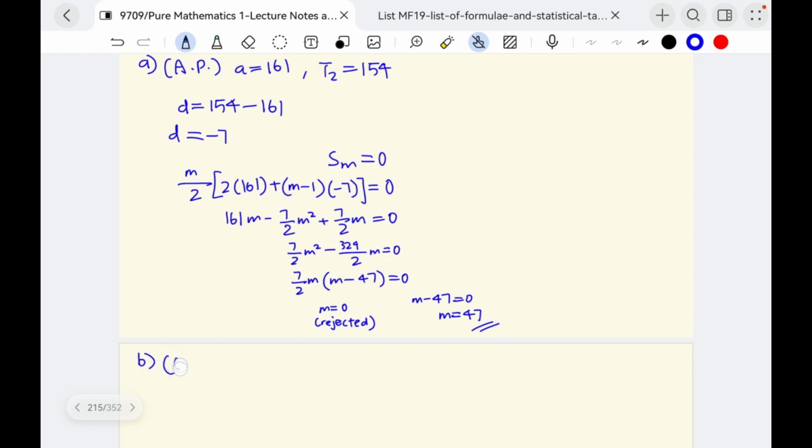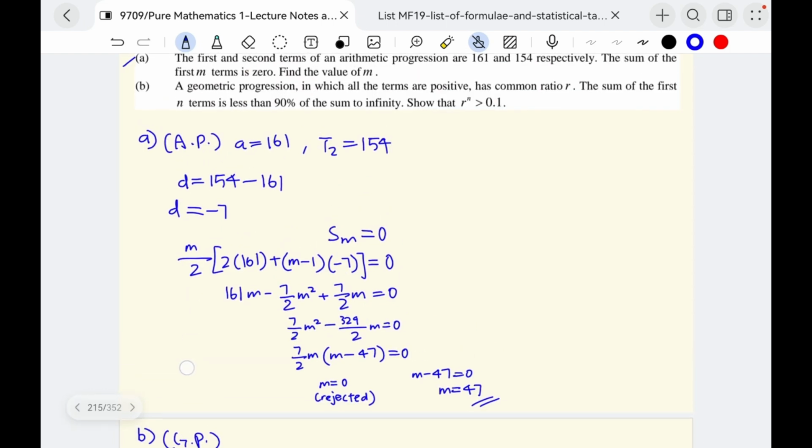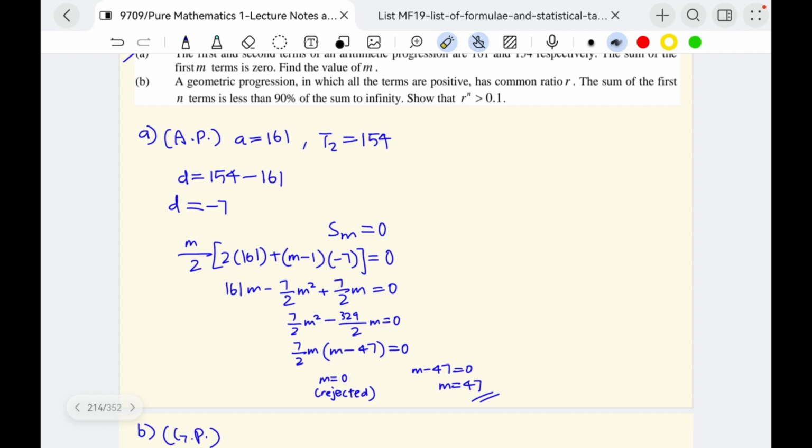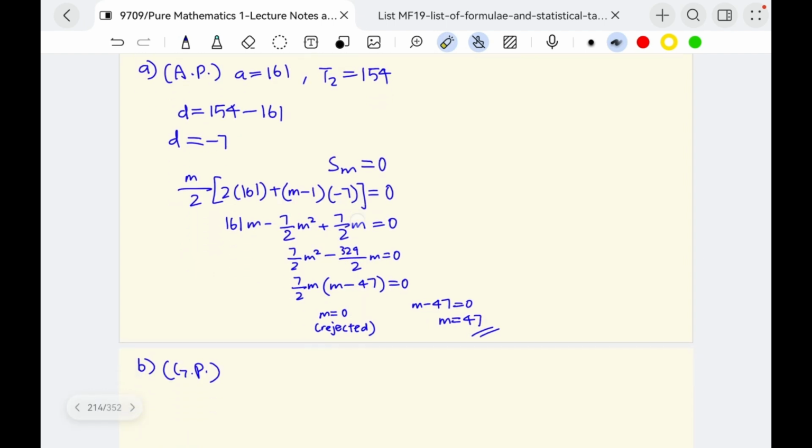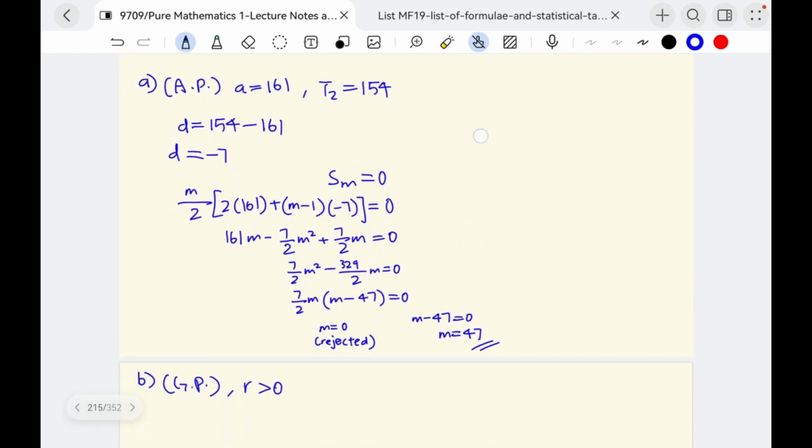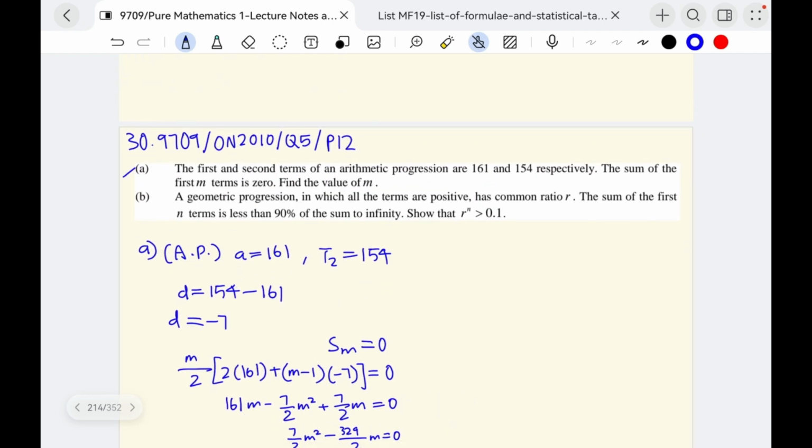So B is about a geometric progression. Okay, a geometric progression in which all the terms are positive has the common ratio of r. So r must also be positive, and the first term a is also positive, because all the terms are positive.